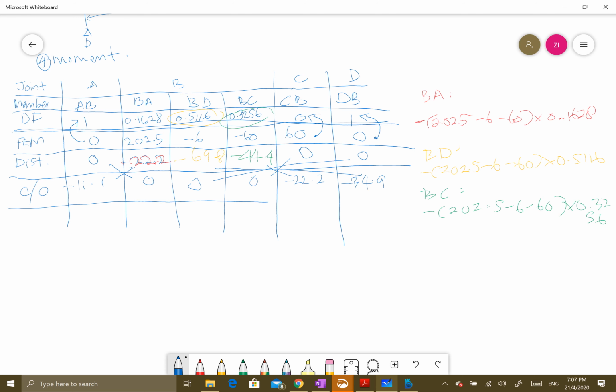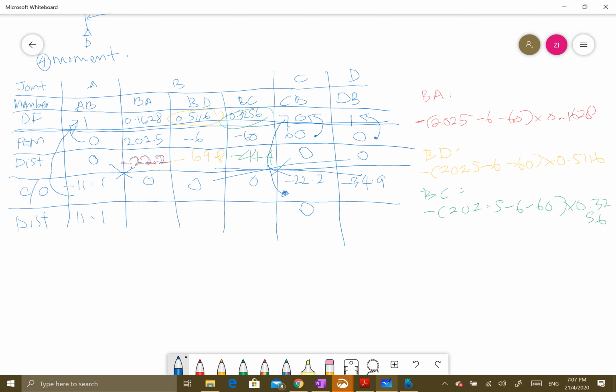Okay, so now you distribute again. When you distribute again, it should be negative 11.1 times 1, change sign, so it becomes 11.1. And for here, negative 22.2 times 0 becomes 0.